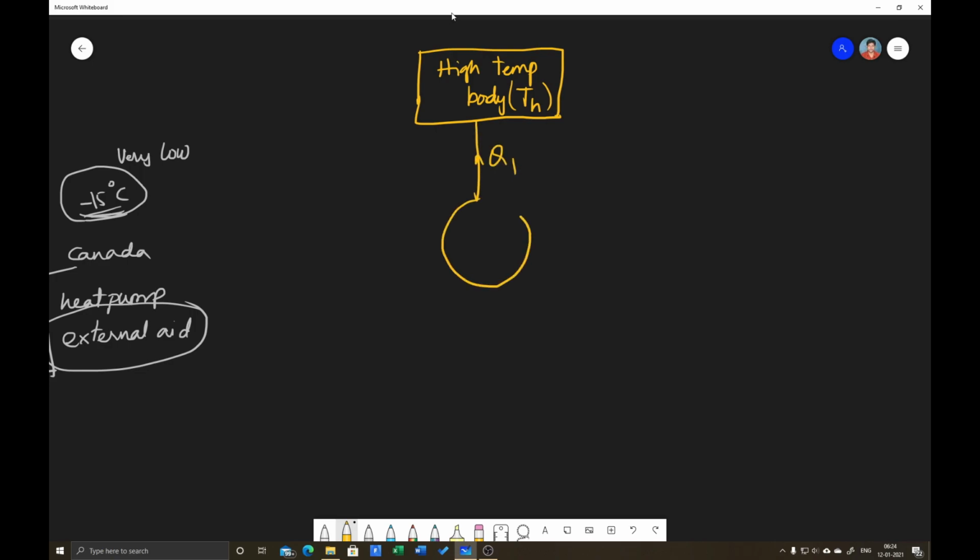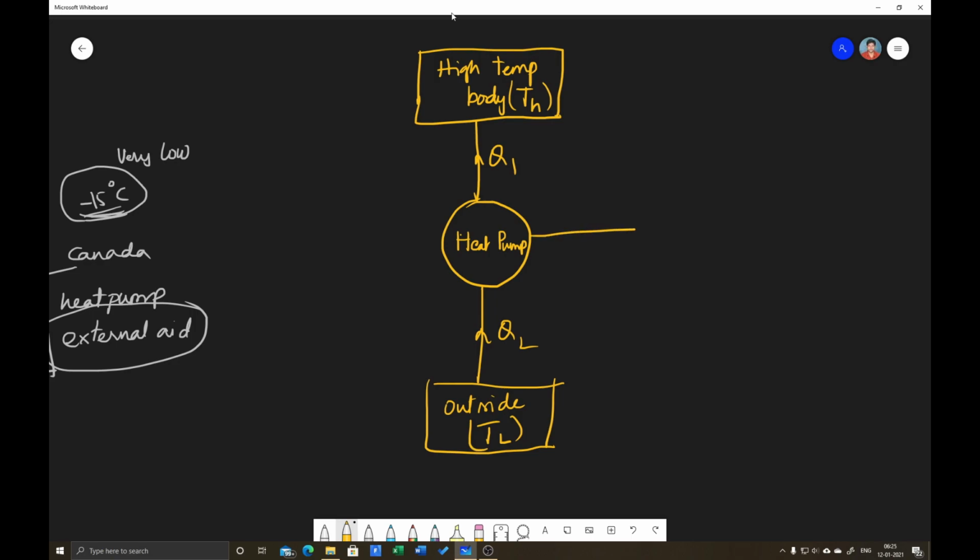We are supplying heat to this by the heat pump. This is outside, the low temperature body. We have to supply work.